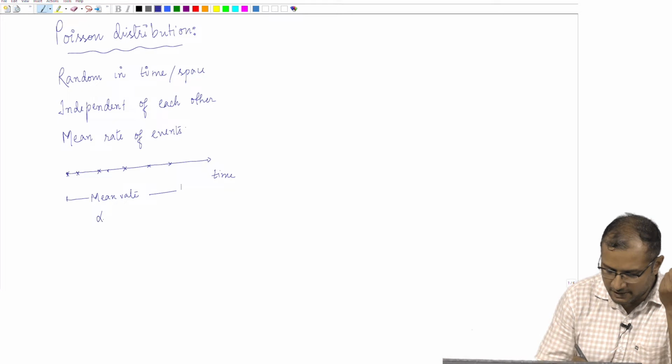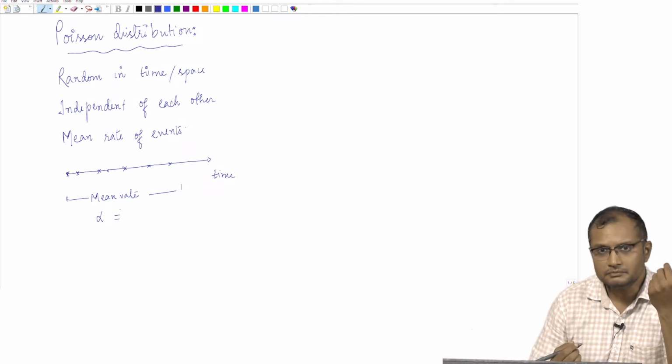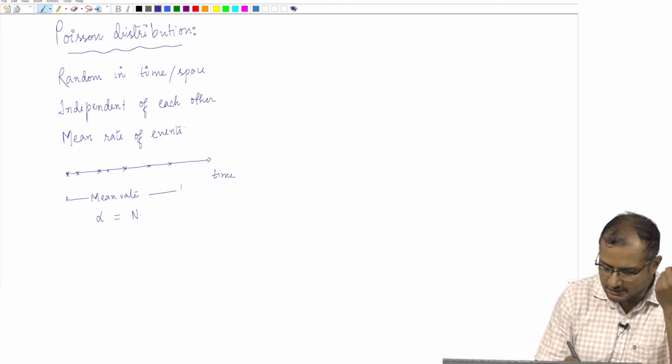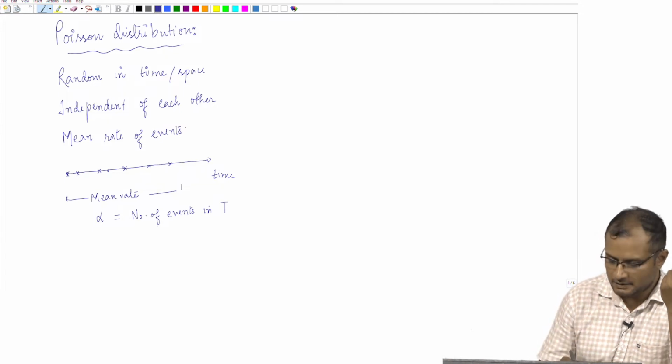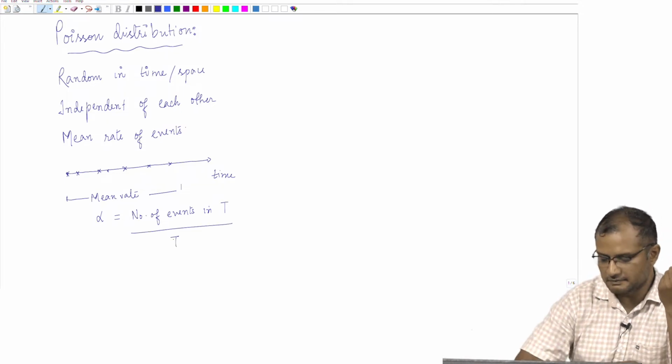The mean rate is given as the number of events happening in some interval t divided by the length of the interval.